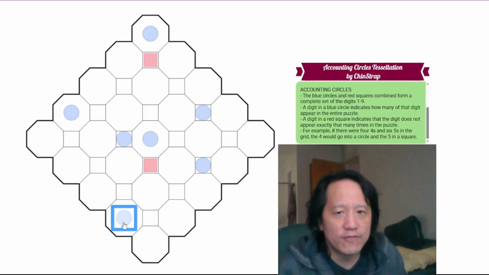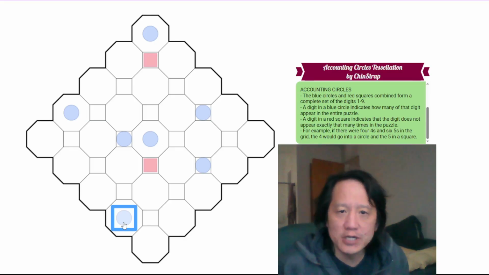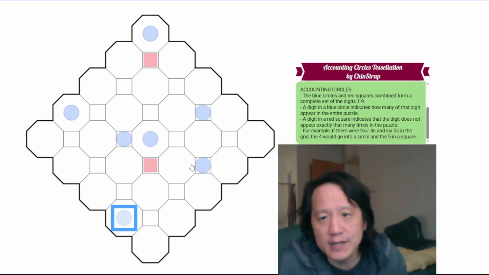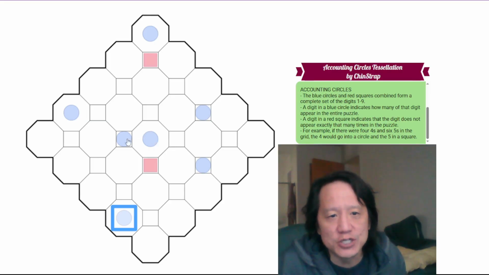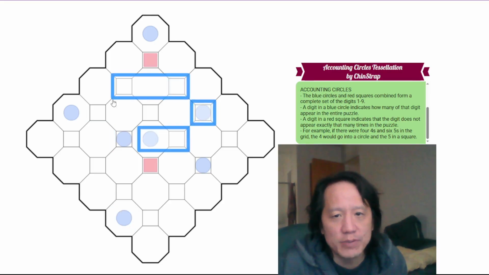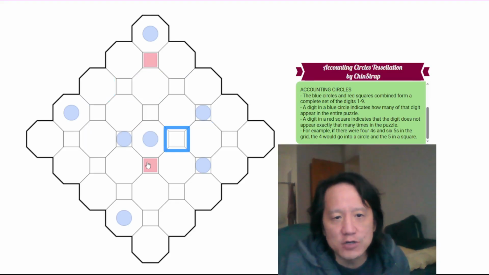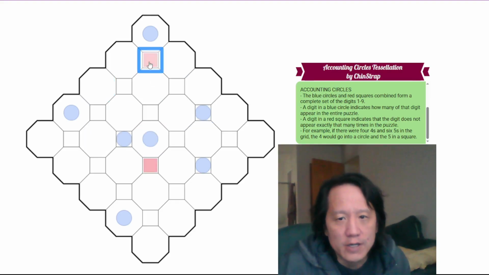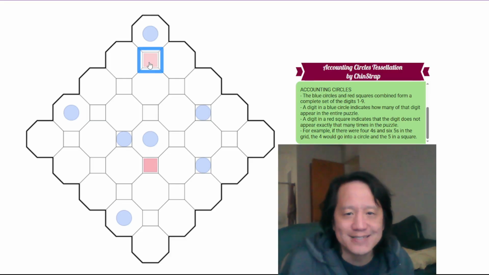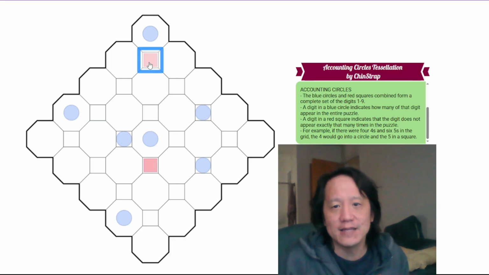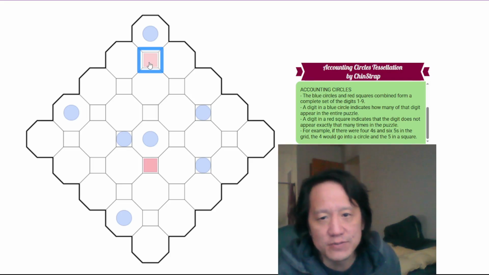A digit in a blue circle indicates how many of that digit appear in the entire puzzle. A digit in a red square indicates that the digit does not appear exactly that many times in the puzzle.